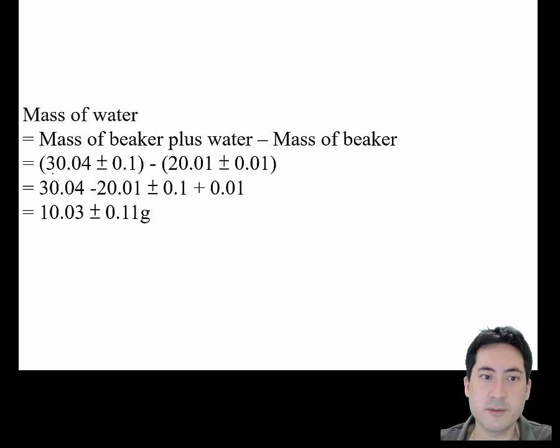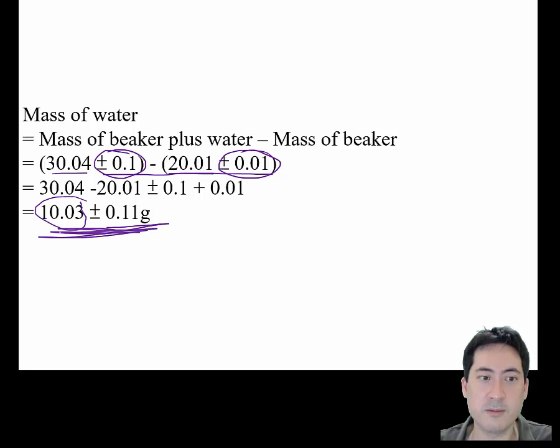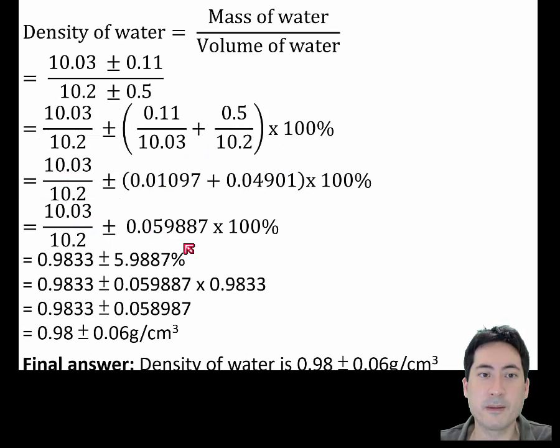So we've taken those values and we've minused them, and you'd come up with 10.3. Now that we have uncertainties, we just add those uncertainties together because it's a plus or minus calculation. So that is our answer that we're going to work with. We're not going to clean it up until we come to the very end.